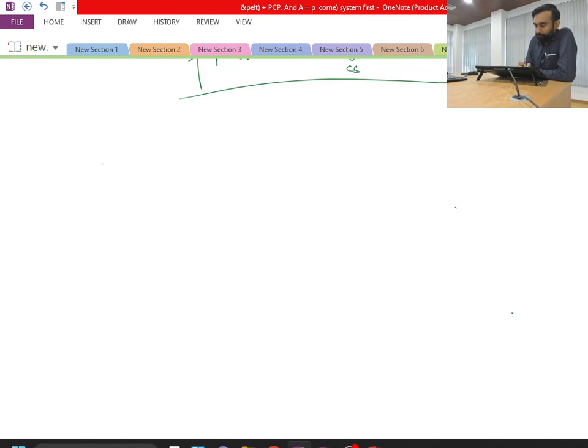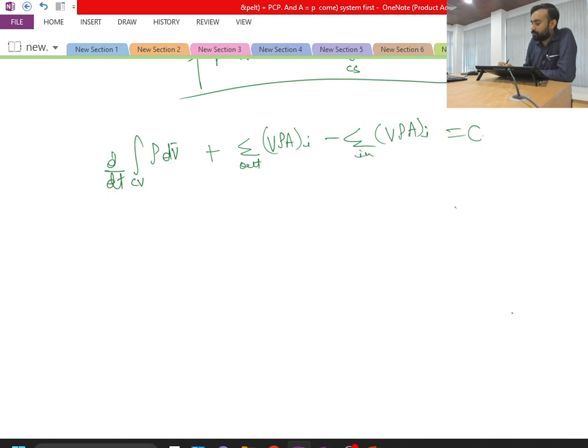First point is, we know that as per Reynolds transport theorem, d by dt of the integral of rho dV plus the summation of v vector rho, or if I consider a one-dimensional inlet, then the summation of rho v A out minus the summation of rho v A in, equals 0.